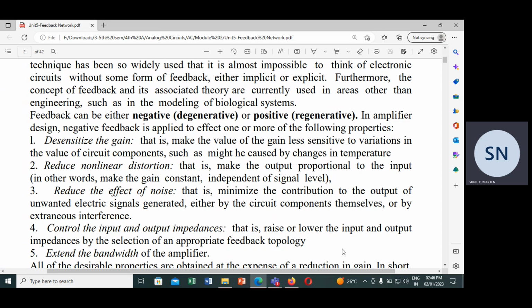Beyond 2 kilohertz, any increase in the signal frequency will make the gain reduce. Higher frequencies are nothing but unwanted signals, my noise signal. We don't need frequencies greater than 2 kilohertz, so above 2 kilohertz all signals are considered noise. The same way here, between the electrical components, there will be certain electrical signals added along with the normal signal. That unwanted signal we need to eliminate, and that is possible when you employ negative feedback.